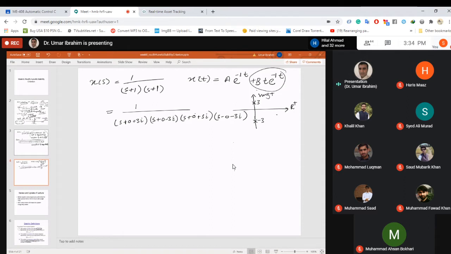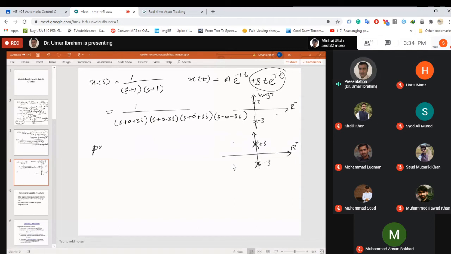And the 4 poles are complex and identical. So we already have 1 pole and 2 poles at plus 3 and minus 3, and we have another pole at plus 3 and another pole at minus 3.